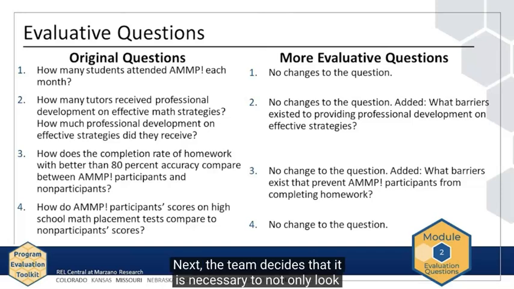Next, the team decides that it is necessary to not only look at completion and accuracy of homework, but also dig deeper to discern why AMP participants are not completing homework. Doing so might provide information to help the team make programmatic changes to AMP.